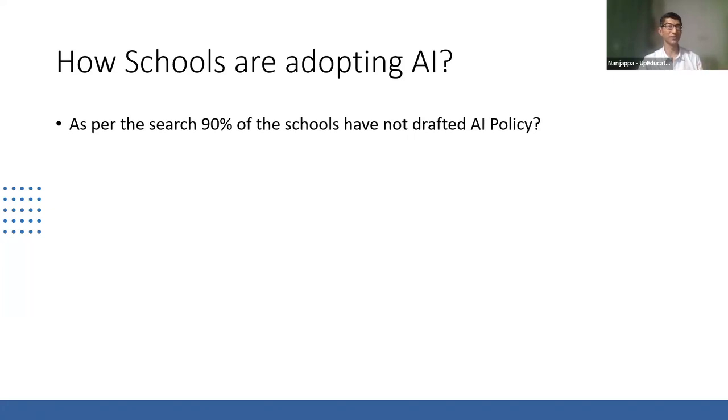You have a policy for transport. You have policies for your staff members, leave policy, all that. Now, is there an AI policy? We will be discussing it. Maybe at the end of the session, I'll give you a few tips on what can go into the AI policy so that you can draft an AI policy for the school itself.